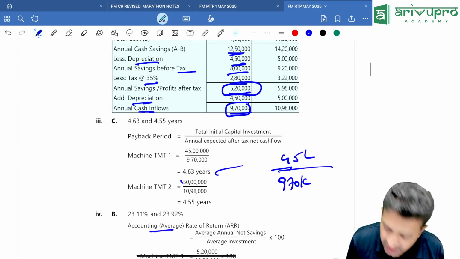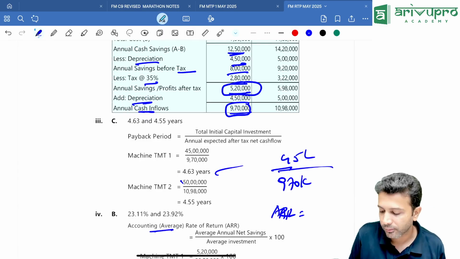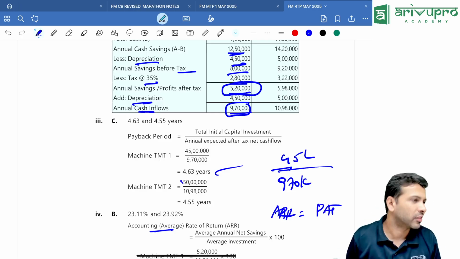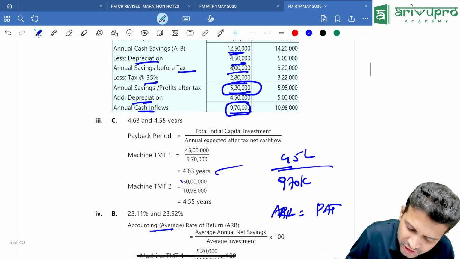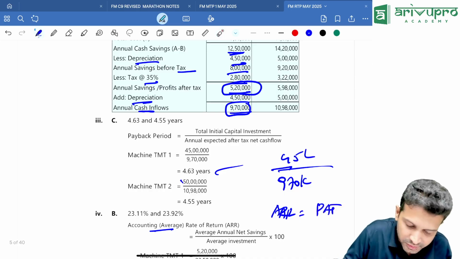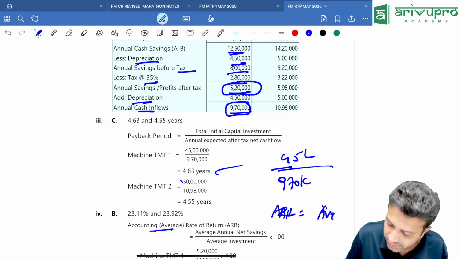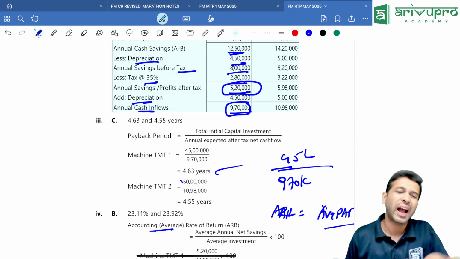Next, they've asked ARR. How do you get ARR? The formula is average PAT divided by either initial investment or average investment.